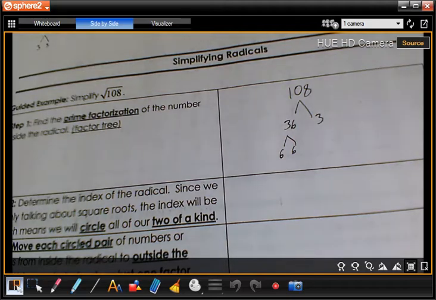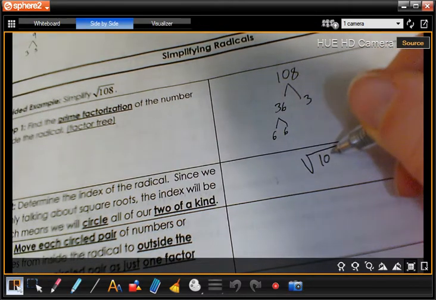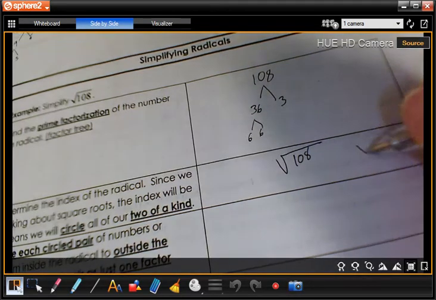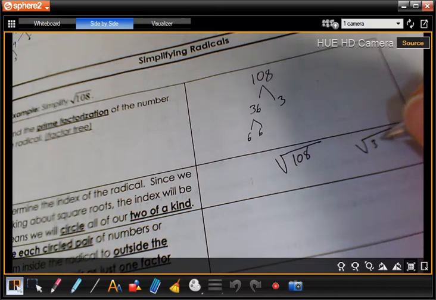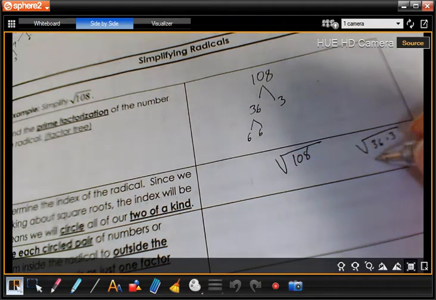Okay? So if I were going to take the square root of 108, I would then change it to the square root of 36 times 3. And then what is the square root of 36? 6. So 6 now goes on the outside where the square root of 3 is on the inside.